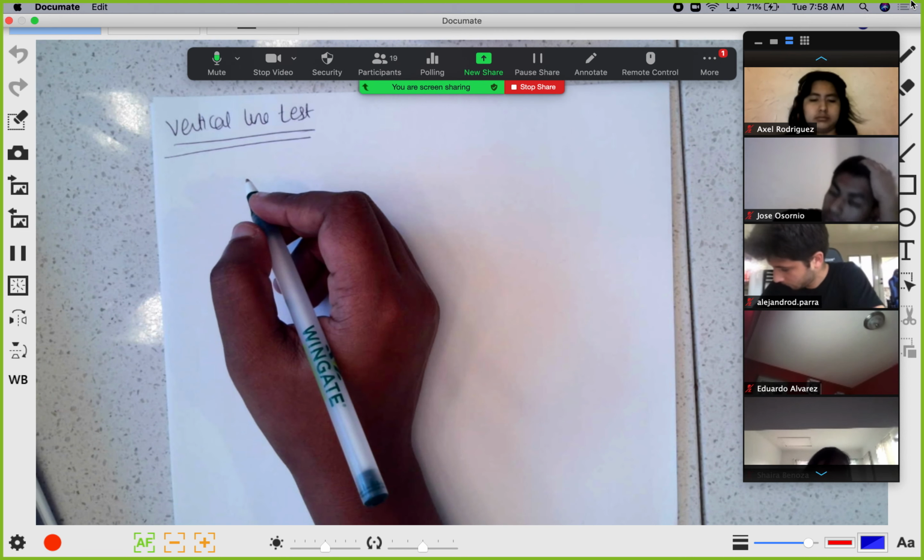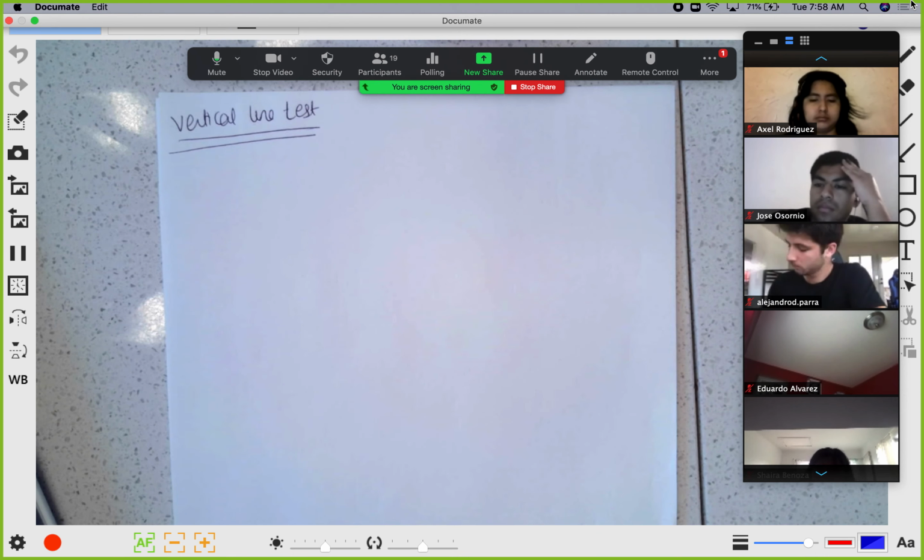I'll give you the definition, but you should know what it does. You will be given a graph, and you have to tell whether the given graph is a function or not. So basically, we use the vertical line test when you're given a graph.